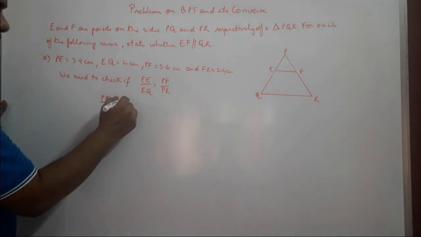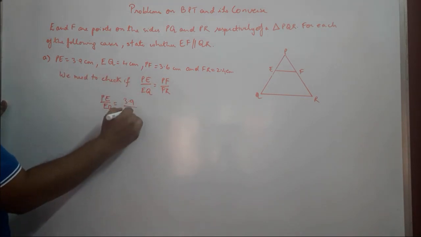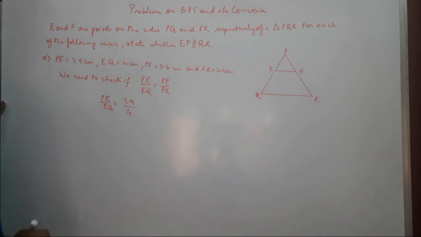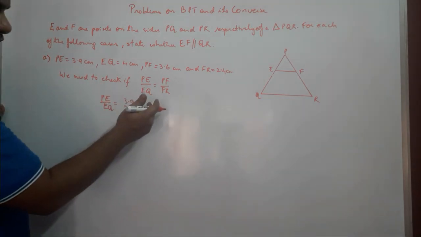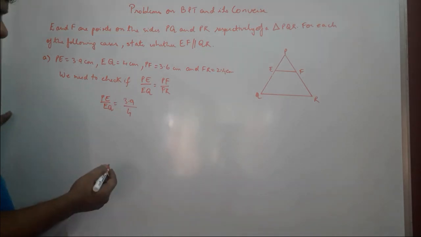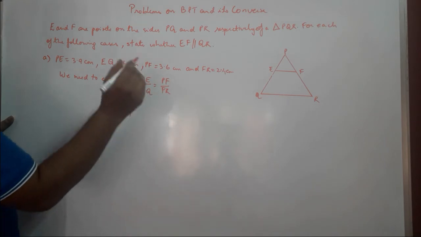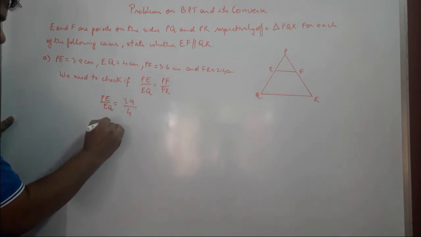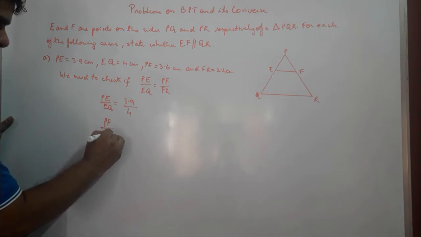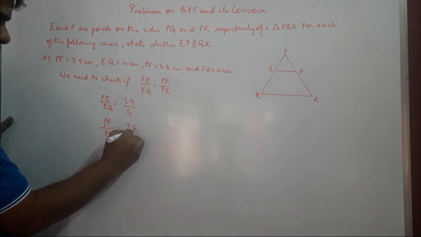PE is 3.9 and EQ is 4 centimeters. So it's not divisible. I mean, it will go into further decimal points if we go on to divide that further. So we'll leave it over here. We'll just check with PF upon FR if there is any match. PF upon FR is 3.6 divided by 2.4.